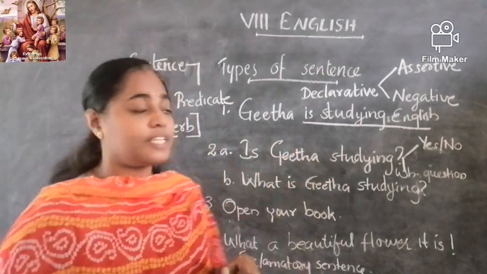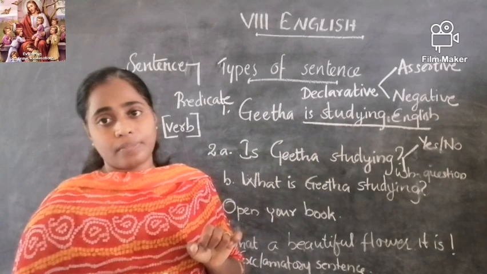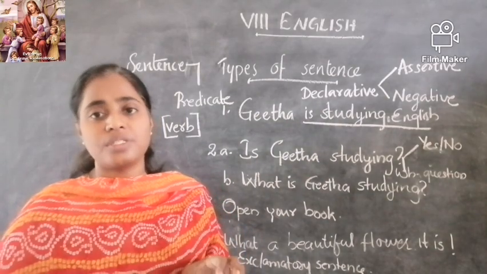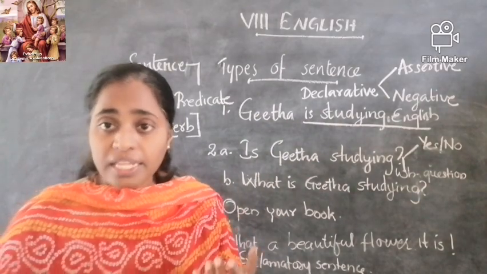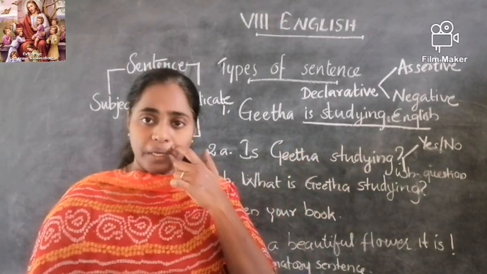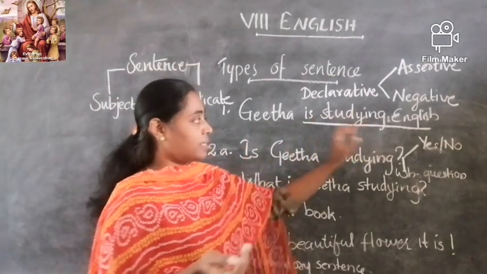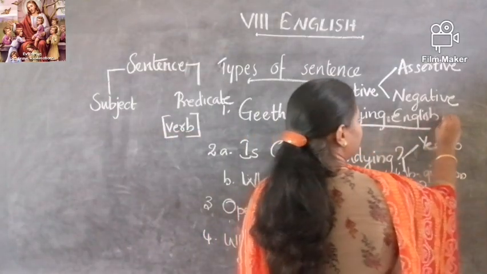First, the declarative sentence. Geeta is studying. It provides information about Geeta, that she is studying. Geeta is studying English.